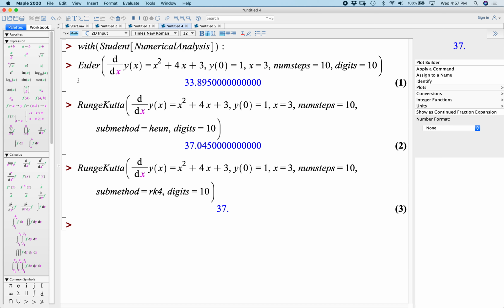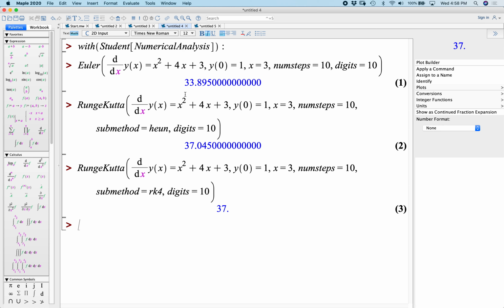With the Euler method, the opening statement is Euler, and we have the differential equation, y(0) equal to 1, and we want to find out what y is when x is equal to 3. I took the step size to be 0.2, so the number of steps is 10. With the Euler approach, we have 33.895, not exactly 37.